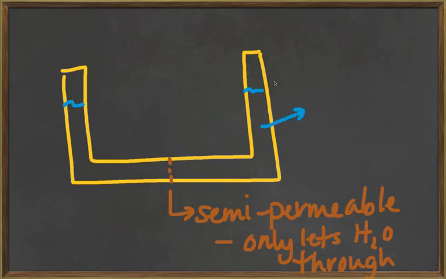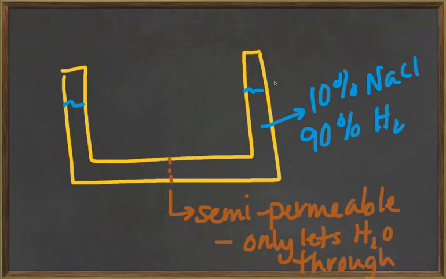On this side, I have a solution that is 10% salt, therefore I'm 90% water. If I wanted to have an isotonic solution, I'd have to have the exact same thing on the other side. So this side of my U-tube would also have to be 10% and 90%, so that I would have the same solution on both sides.